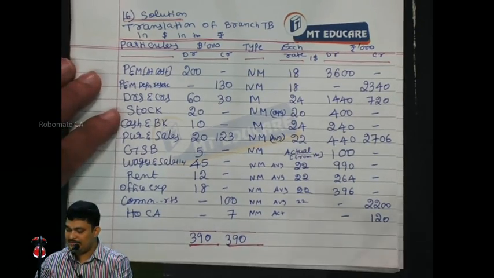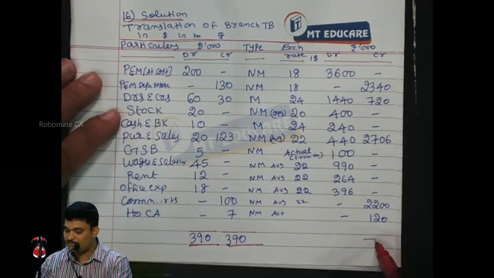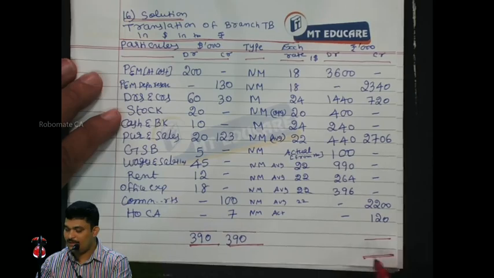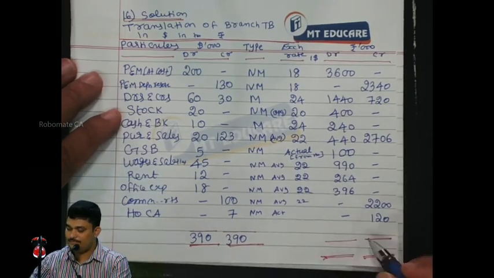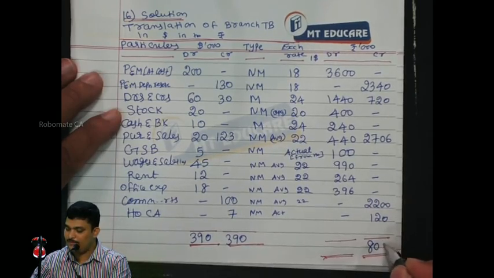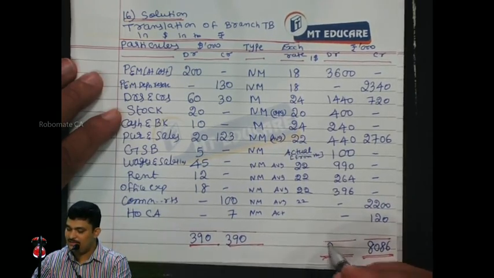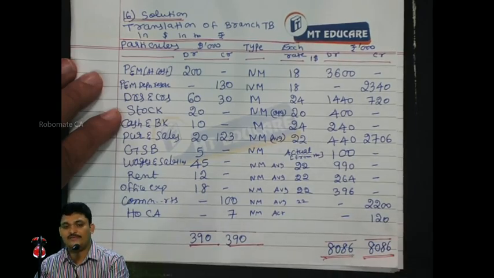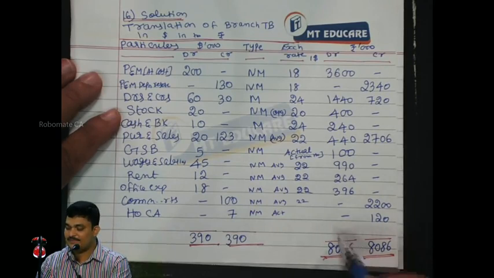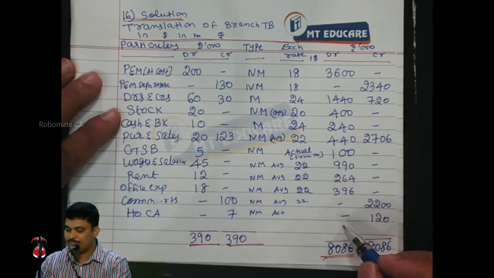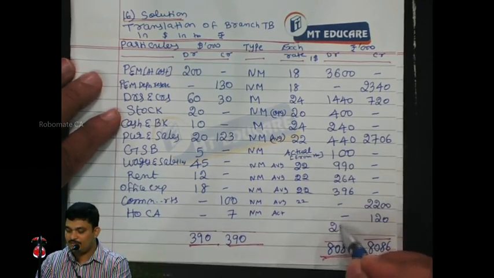Credit side greater. So take the total. 8086. Super. 8086. Correct? Everybody. So in that case, the difference comes in the debit. 216.